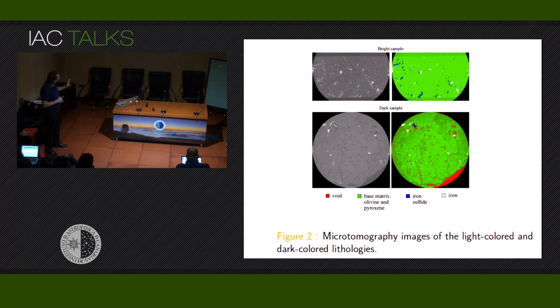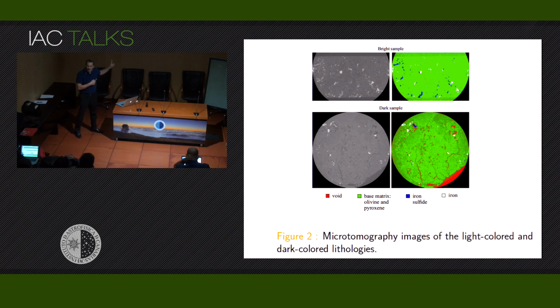In the dark sample, these iron sulfides have been distributed amongst the olivine and pyroxene, and they are producing much stronger absorption effects in the spectra. So it is a very nice light scattering effect: how you have the iron in there affects the outcome of the spectrum and the outlooks of the system.